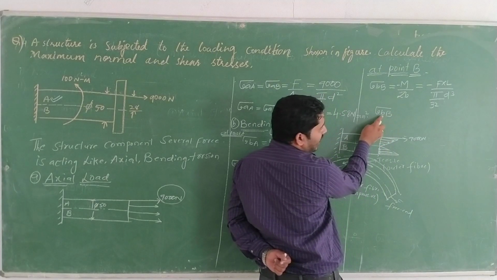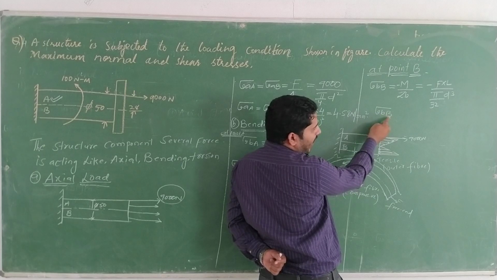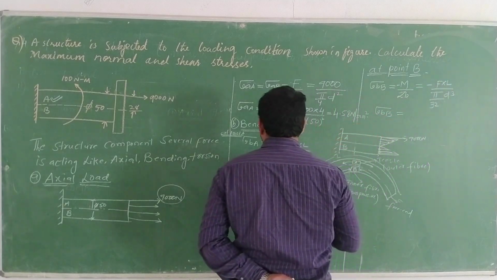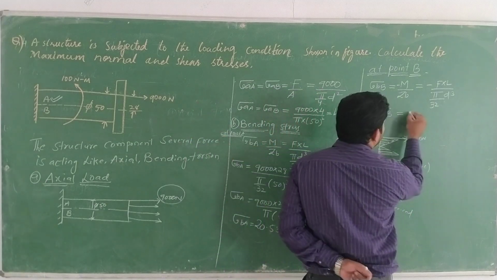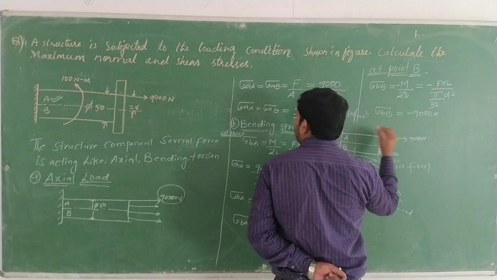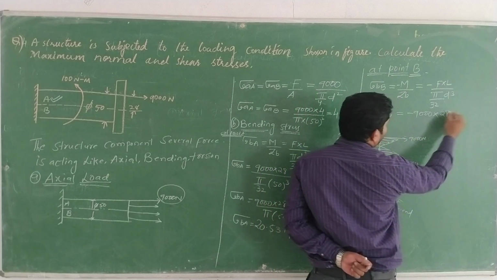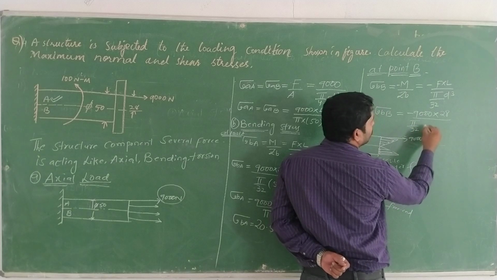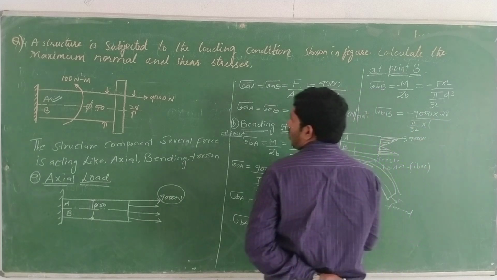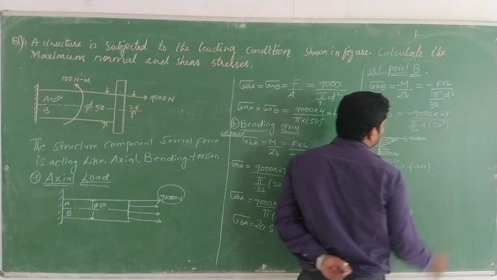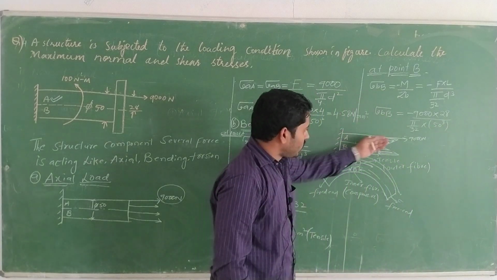So this indicates that the bending stress at B is equal to, how much force is acting? Force is 9000, length is how much dear? 28, by pi by 32 into diameter, how much is the diameter here? 50 whole cube.